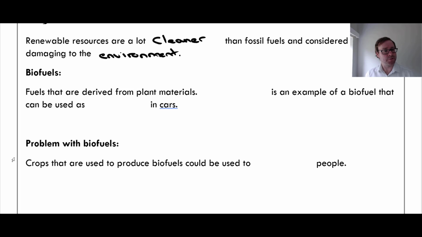Biofuels. Biofuels are generally fuels that are derived from plant materials, and one of the most common ones is bioethanol. Bioethanol can be produced from crops, for example, growing sugarcane, and we ferment that sugar to turn it into ethanol, and then we can use that ethanol as fuel in cars.